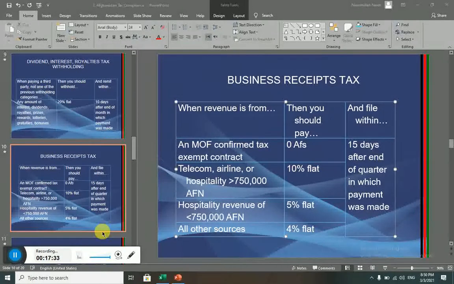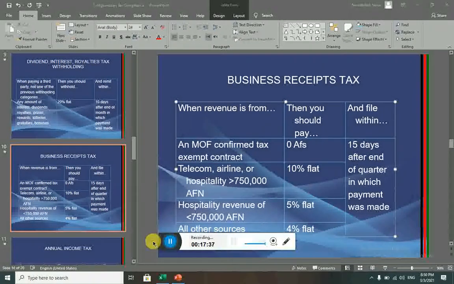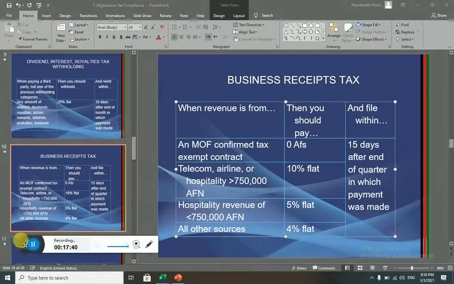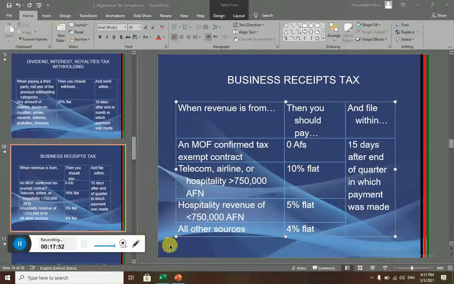Means after 3 months, telecom companies are required to calculate their gross revenue or gross receipts or gross income, and then apply 10% flat, and then pay that tax to the Ministry of Finance within 15 days in the next quarter, right?